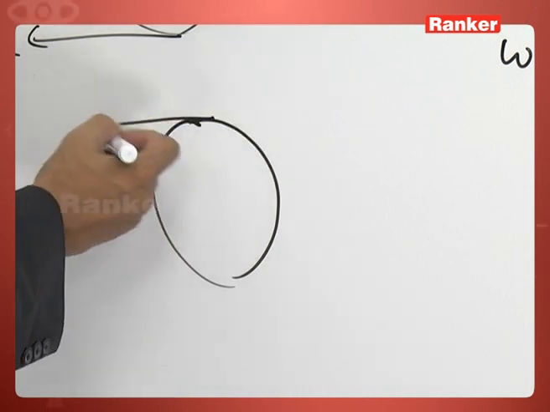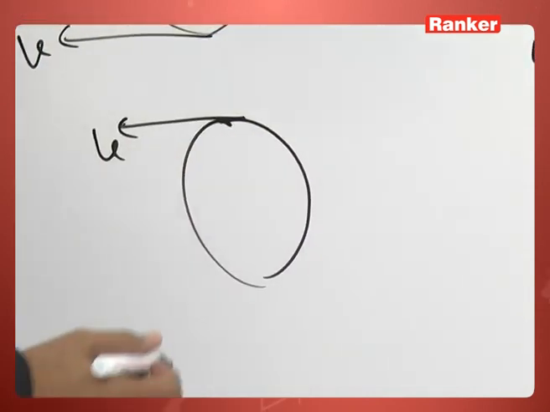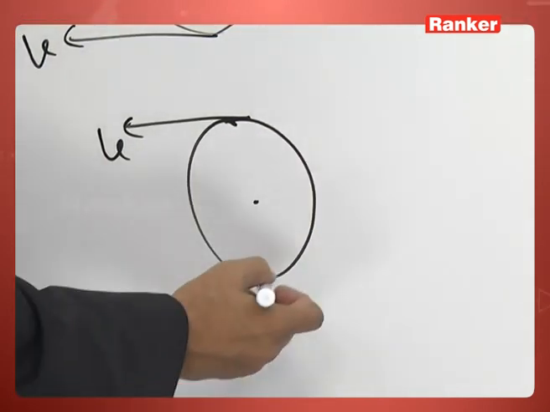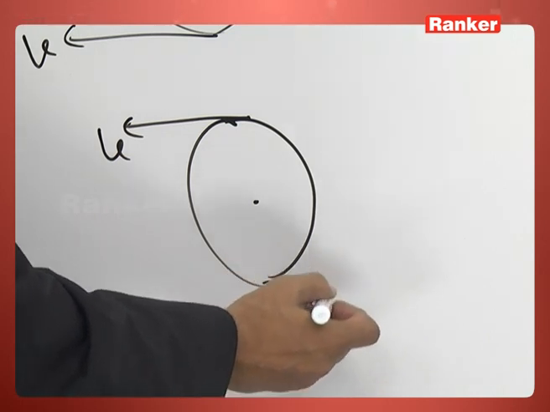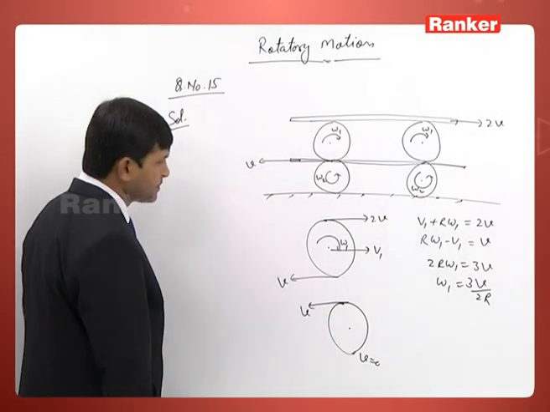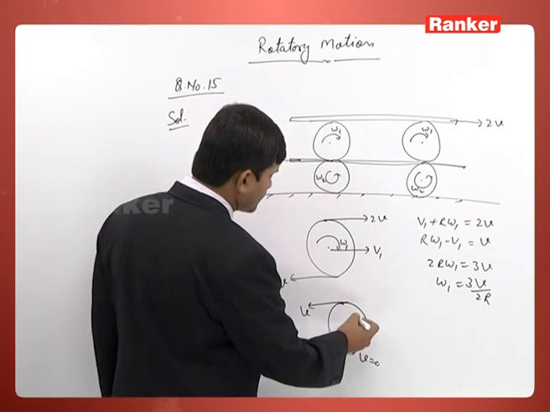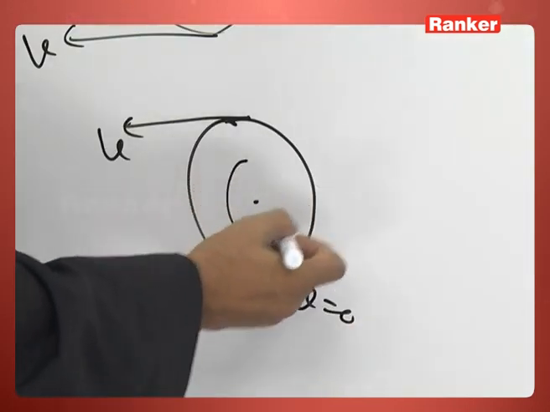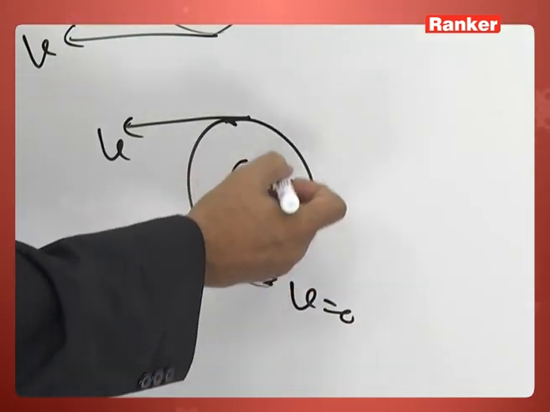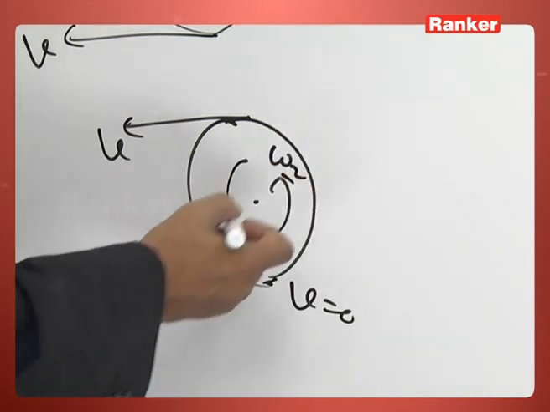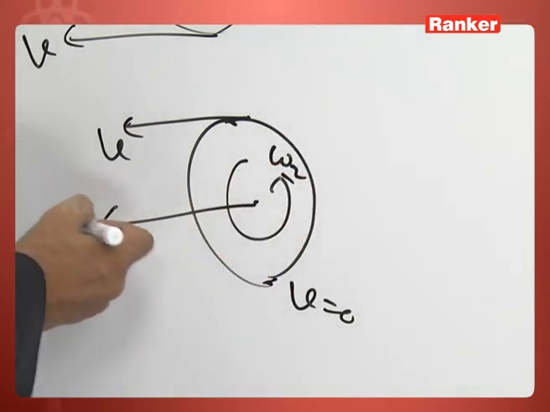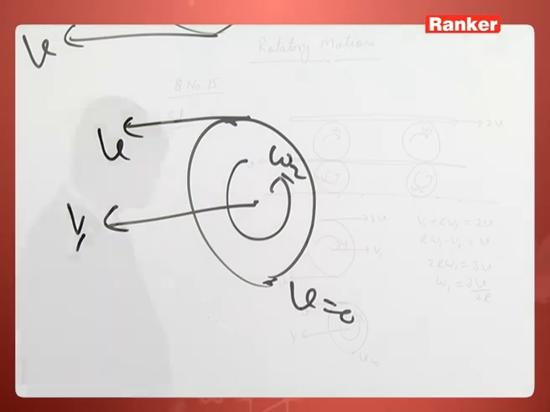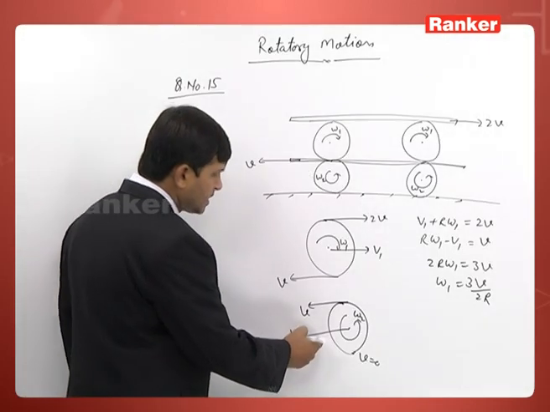This has velocity V, and this has velocity 0. See how to get its angular velocity, given here as omega 2. Let the velocity of center of mass be V1. So what we can write?